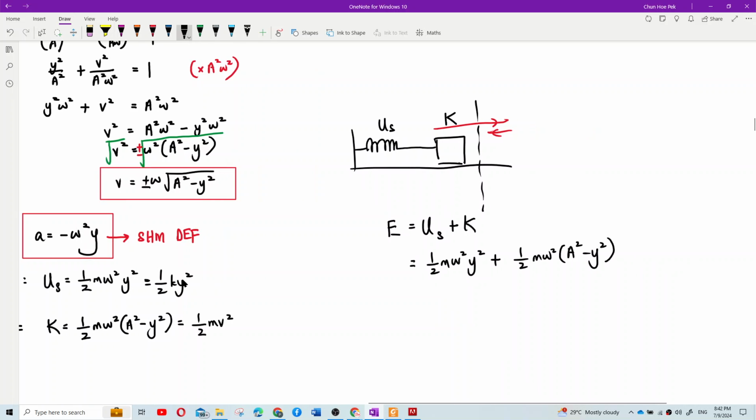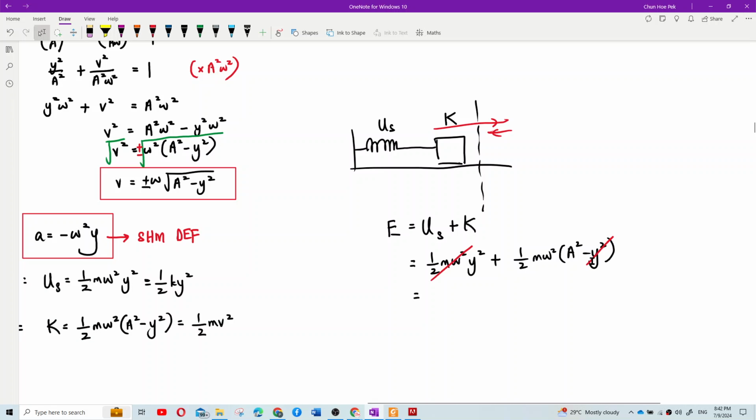Okay, so class, you see half m omega square Y square plus this one. Here is half m omega square Y square, and here we have half m omega square times A square minus Y square. If we expand it, half m omega square times minus Y square becomes negative half m omega square Y square. That means the front one gets cancelled by this one. You see that, class?